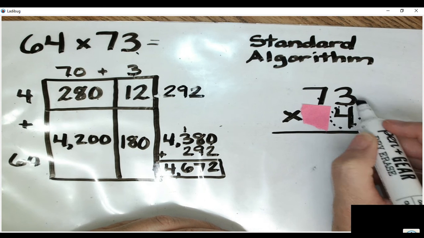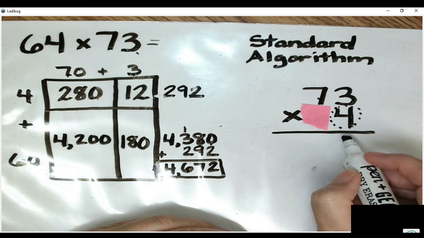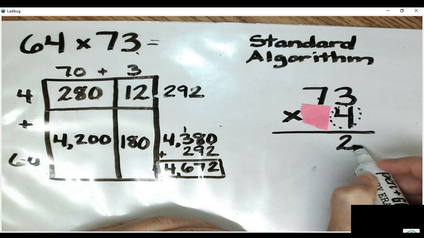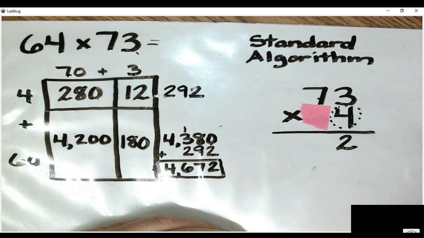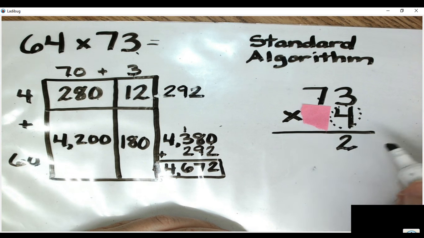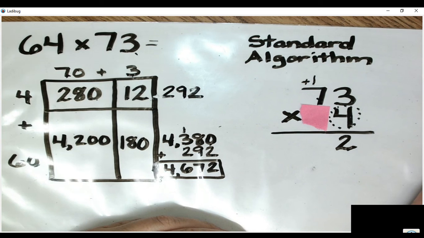So here we go. 4 times 3 is 12. I need to put down my 2 and carry my 1, because I can't put 12 in the ones place. So I'm going to carry my 1 right there.